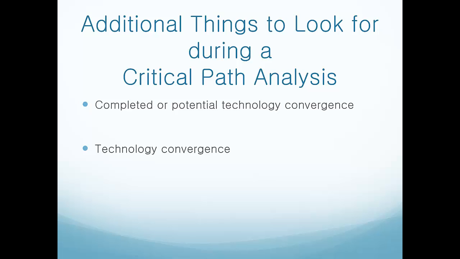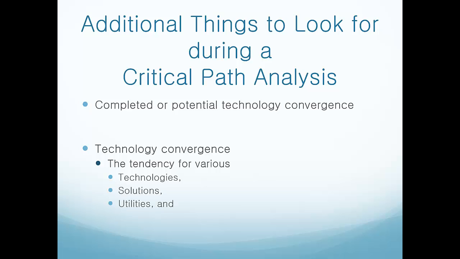Technology conversions means the tendency for various technologies, solutions, utilities, and systems to evolve and merge over time. So when you have multiple solutions solving the same problem, those solutions will eventually merge into a single solution. That's what we mean by technology convergence here.